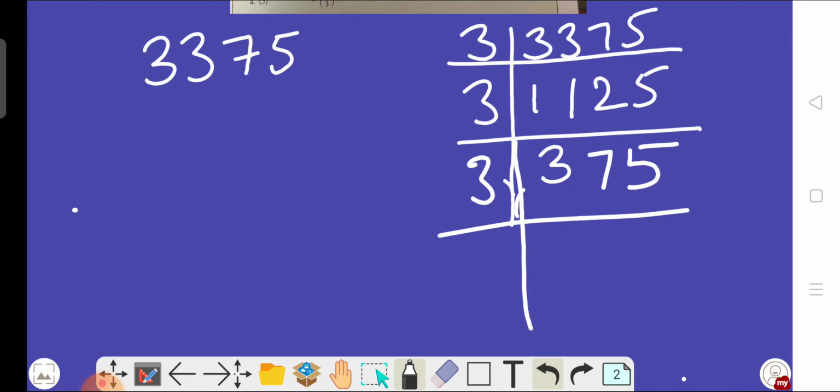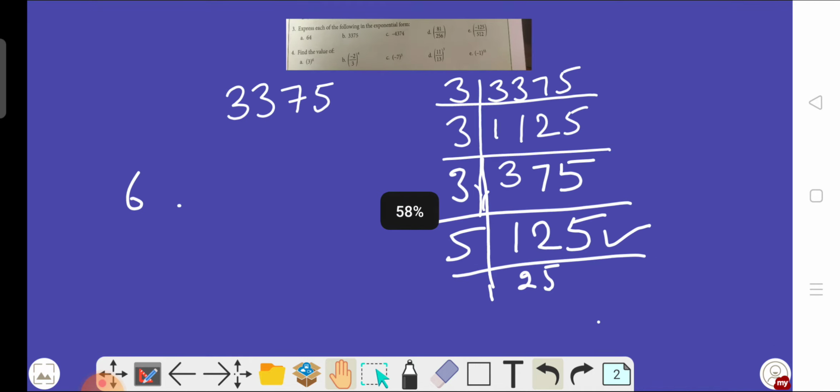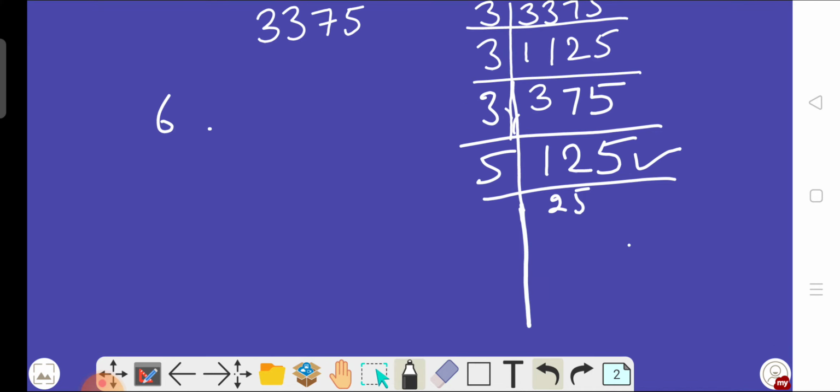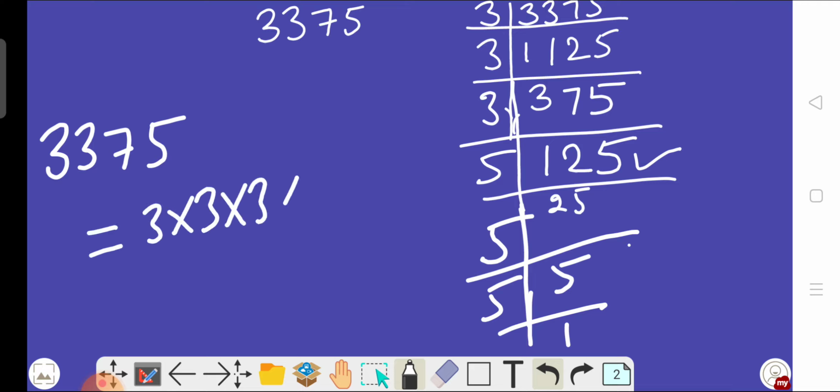Again this number is divisible by 3. This will become 125. As we know, this is divisible by 5 and this will become 25. And again if we divide this number by 5, it will become 5 and this will become 1. So from here we can say that 3375 is equal to 3 multiplied by 3 multiplied by 3 multiplied by 5 multiplied by 5 multiplied by 5.